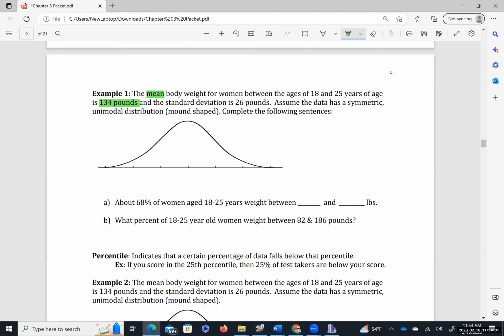So I will write 134 in the middle here because it is a symmetric or normal distribution.